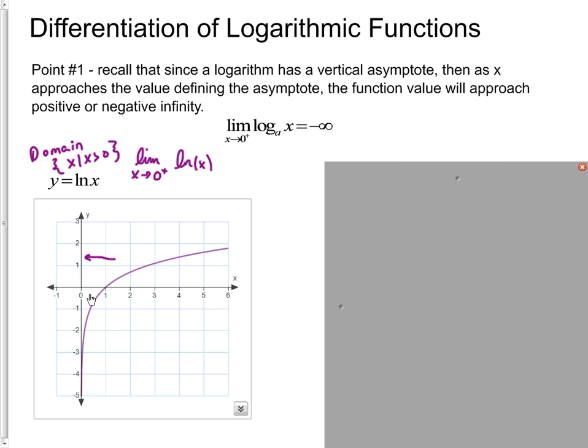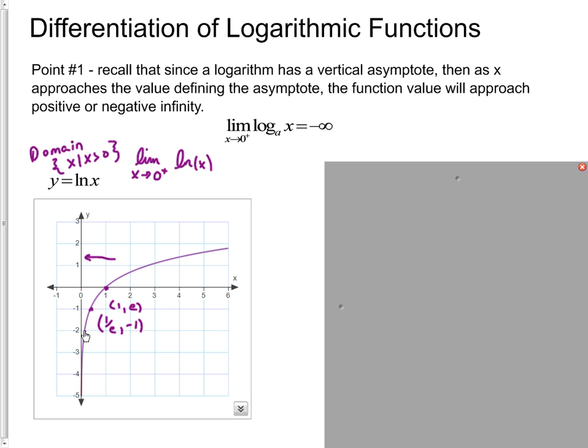Well, as x gets closer to 0, if we start at 1, y is equal to 0. Now, because it's the natural log of x, we could put in 1 over e, which is a fraction that's close to 1/3, and we get negative 1.